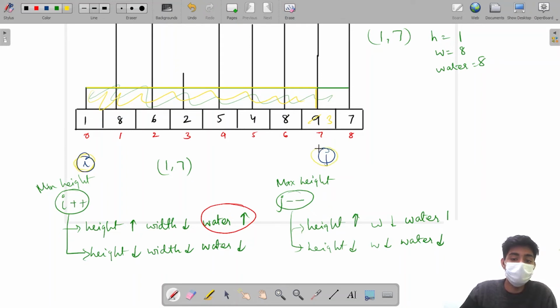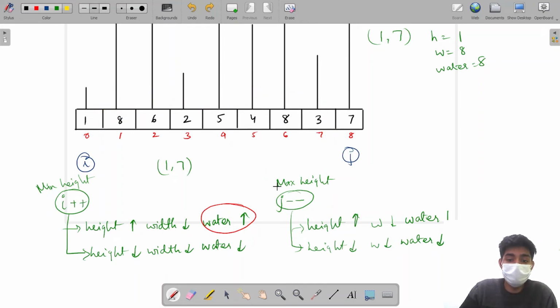I'm talking about the pointer which is pointing at the minimum height. So I can either increase or decrease my pointer, and on the basis of that, there's a chance where my water can increase, right? But if the height is already maximum between the two, and if I reduce the maximum height, then my water will always decrease. Okay, so that's what I'm saying: it doesn't really matter if the number here is 9 or 3. It doesn't really matter if my height increases if it was maximum before.